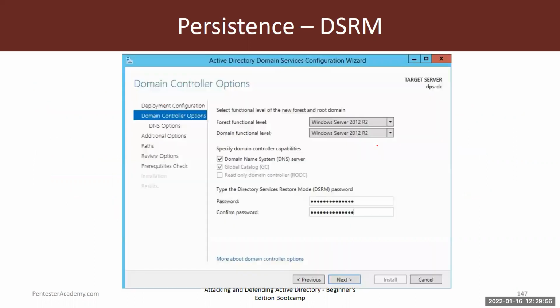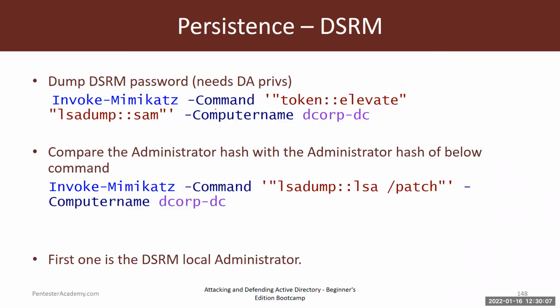How do you extract the DSRM password? This is what it looks like when you set up a DC, the DSRM password. You extract it from the SAM Hive. What do you have in the SAM Hive? The SAM Hive stores passwords for local accounts.